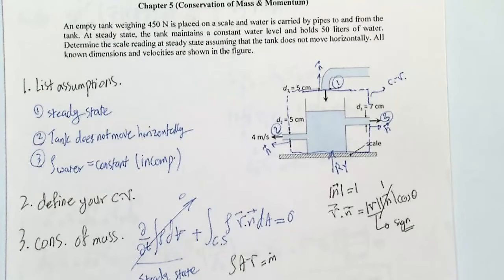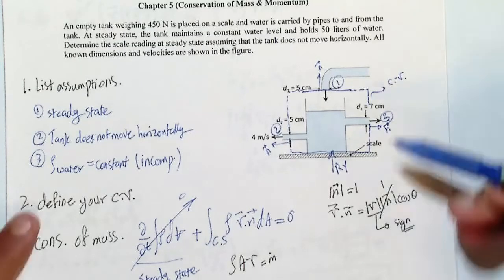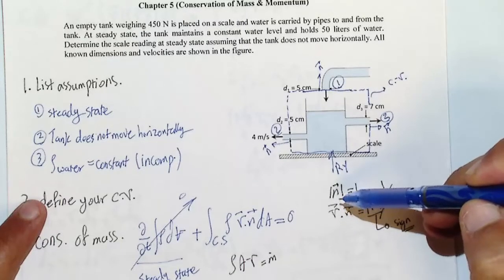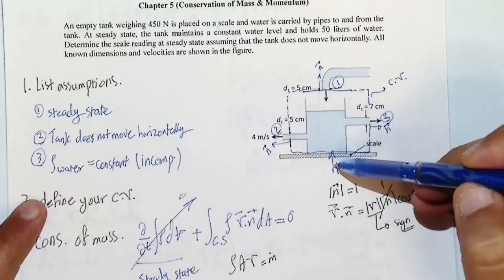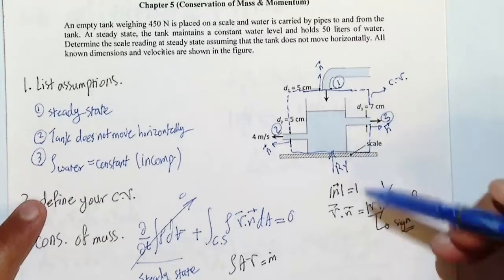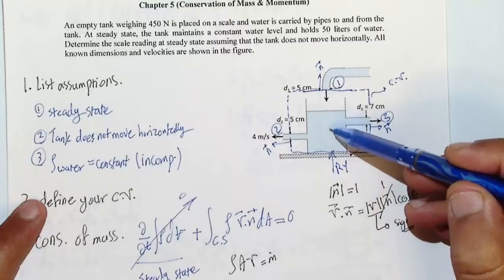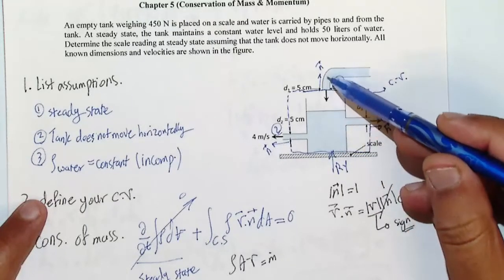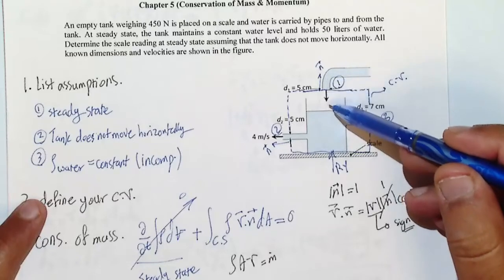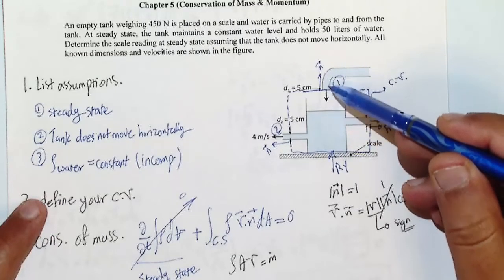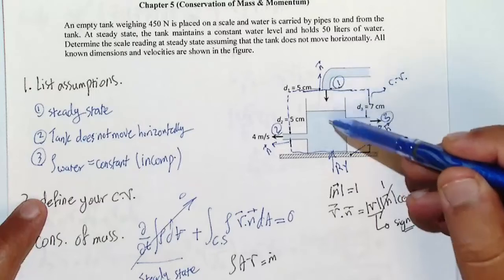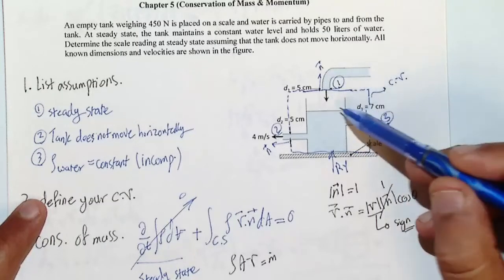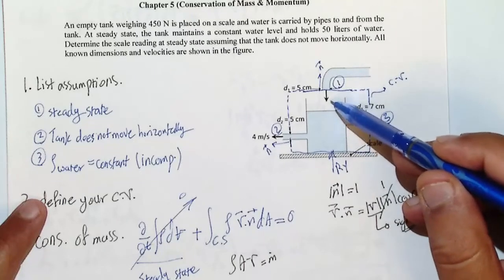To find it, you have to apply the control volume conservation of momentum in y direction, using sigma Fy equal to that, right? So you know what is Ry, you know the W of tank, W of water, and also you need velocity of 1, right? Because the velocity of 1 gives you a momentum that is coming down, and you need to apply it because that's conservation of momentum, right? But you don't know what is V1, this is not given.